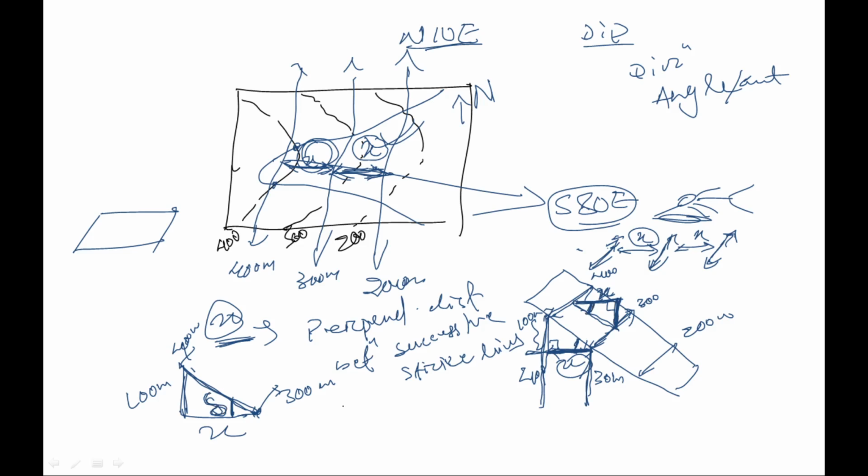These three triangles I have plotted here and here are all equal, right? I am just showing them in different parts. So this is the true dip, or this is the angle of inclination measured in that direction.